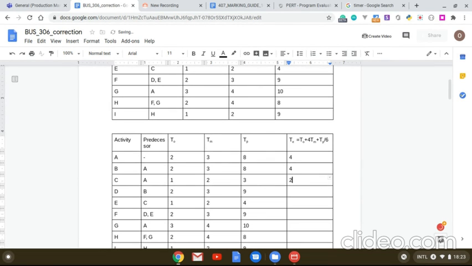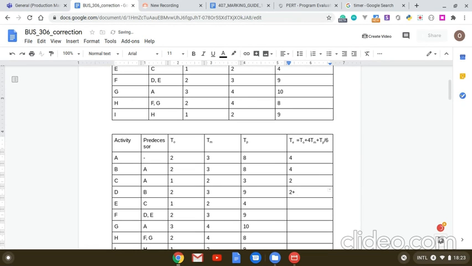Okay, 2 plus 4 times 3 plus 9, divided by 6. Remember to do all of this. You can write them down.